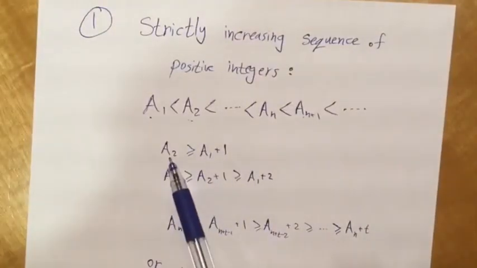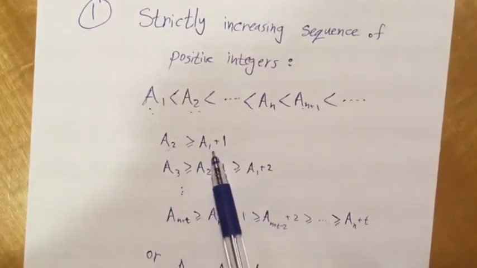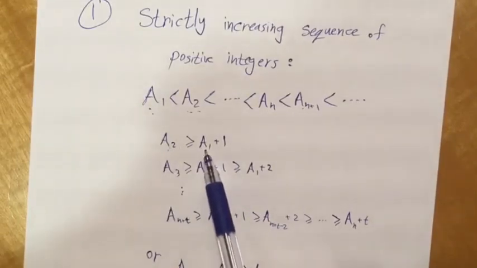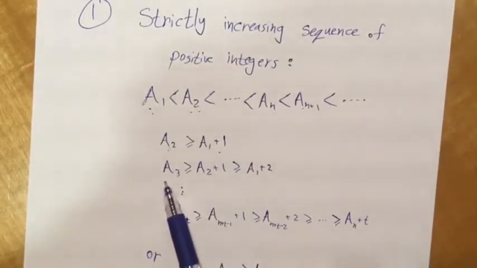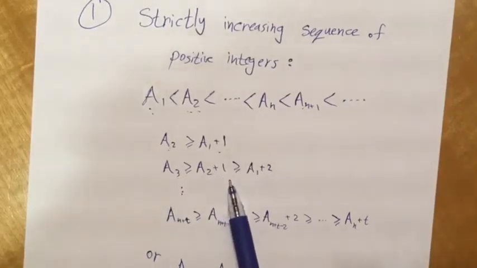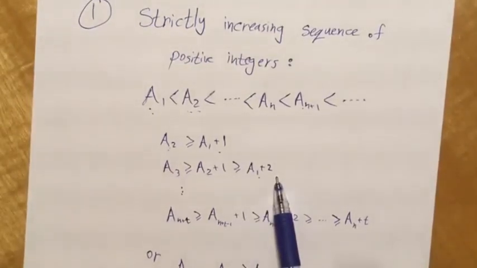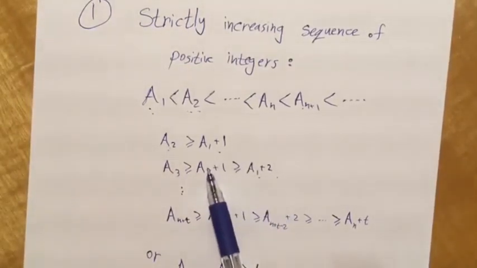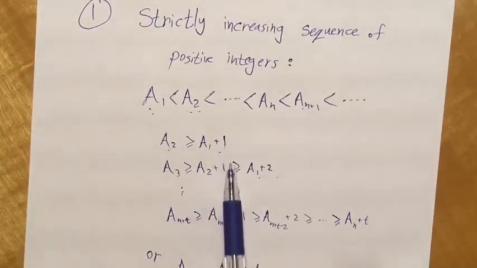So if A2 is strictly bigger than A1, it has to be at least 1 more than that. So it's bigger than or equal to A1 plus 1. Similarly, A3 is at least A2 plus 1, which in turn is at least A1 plus 2. That's because A2 is itself at least A1 plus 1.